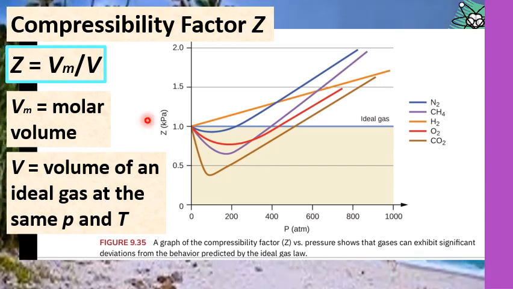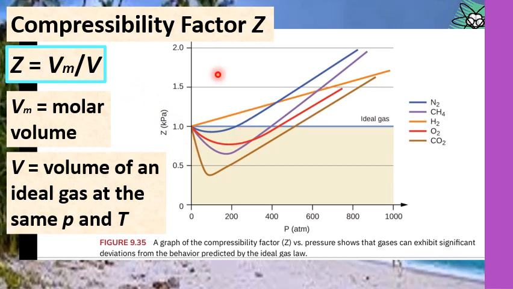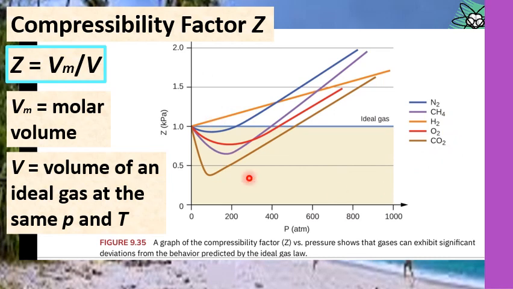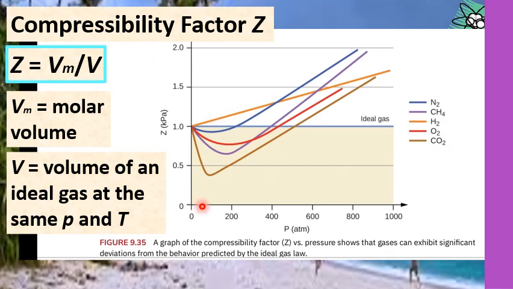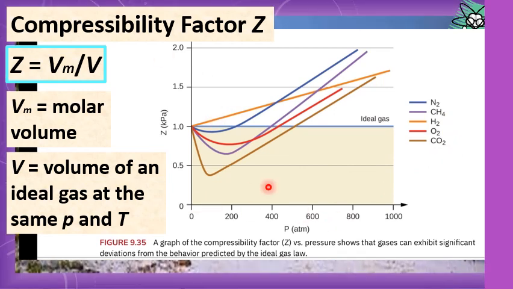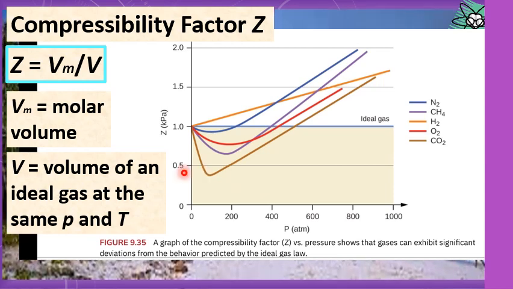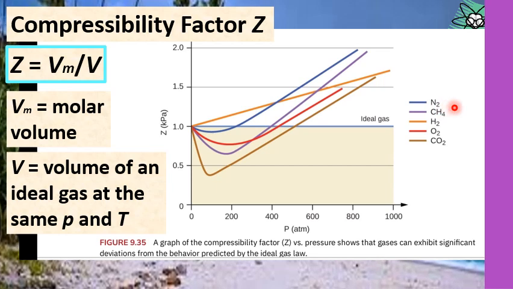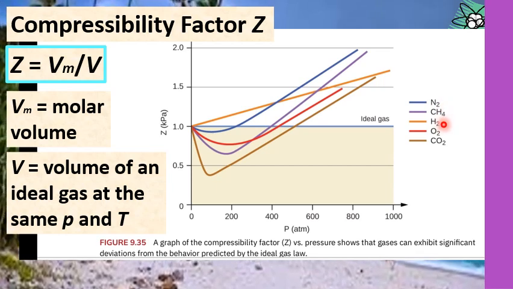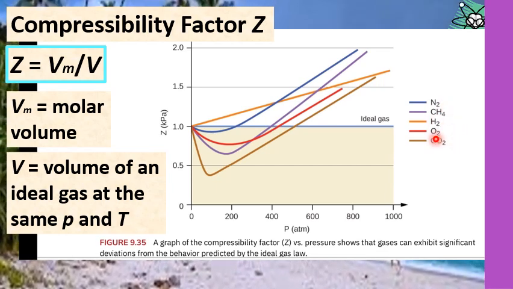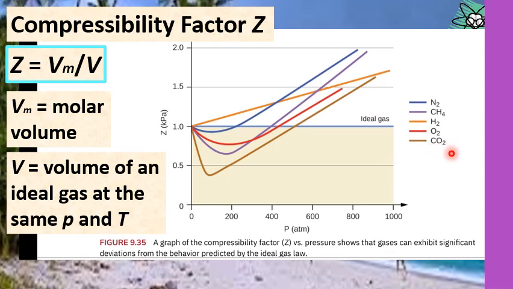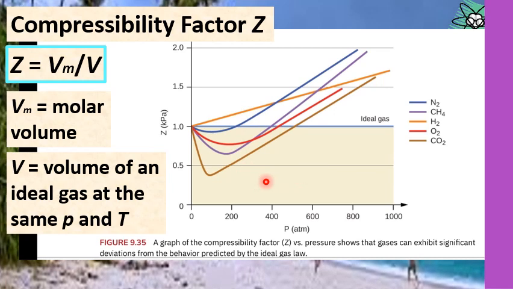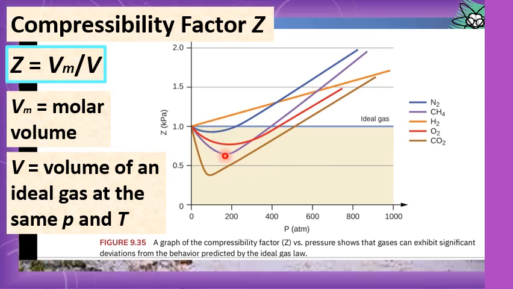So if this compressibility factor for some gases, such as nitrogen gas, methane gas, hydrogen gas, oxygen gas, and carbon dioxide gas, is plotted against the amount of pressure, we come up with this graph.